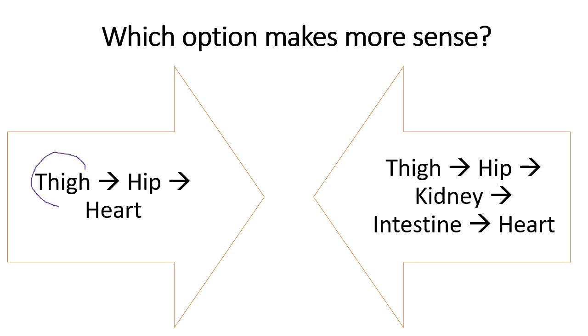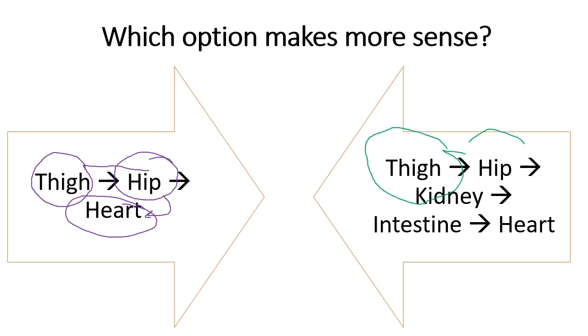To go from the thigh up to your hip and to find your way to your heart, or to go from your thigh into your hip, maybe take a turn on a kidney, then maybe take a turn in your intestines. Oh yeah, and eventually somehow we end up at the heart.